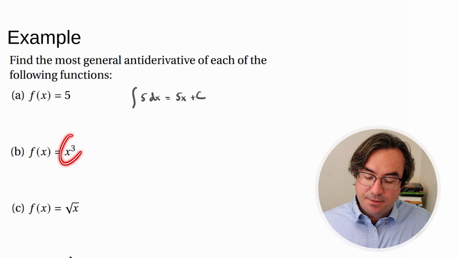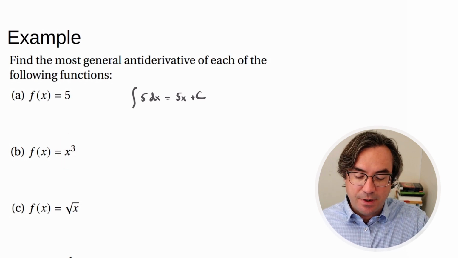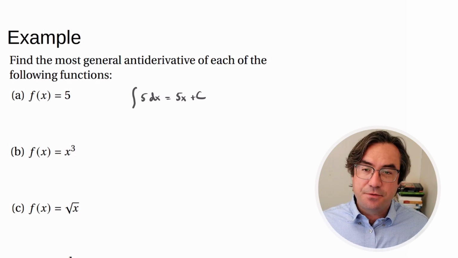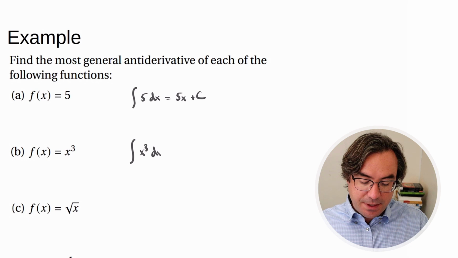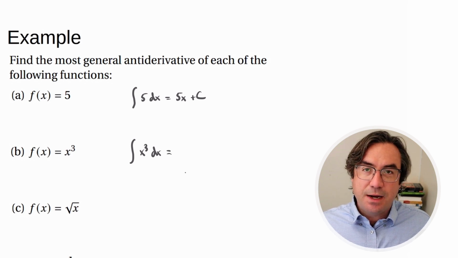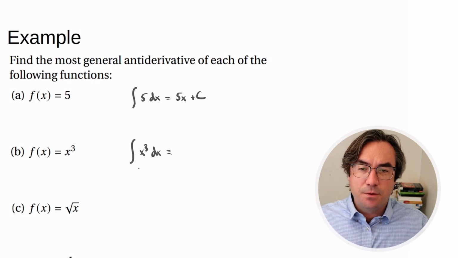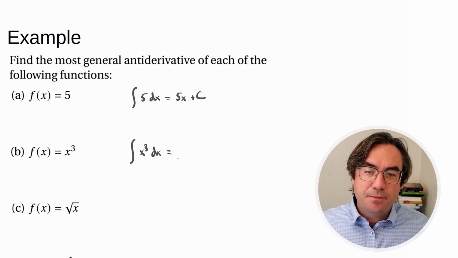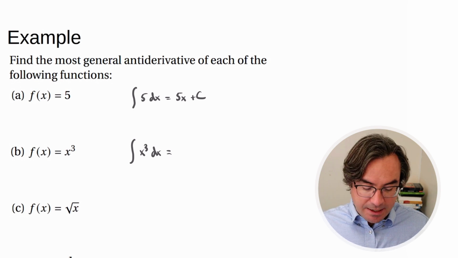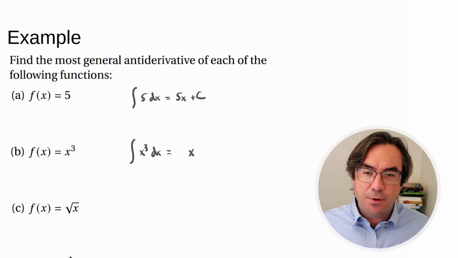Let's try the next one, integrating x cubed. So we want to find the general antiderivative for this. So we're going to integrate x cubed with respect to x. So how is this going to work? Let's try out our power rule on this. When we do our power rule, you want to leave a little space in between the equal sign, and we're going to put our variable x down.